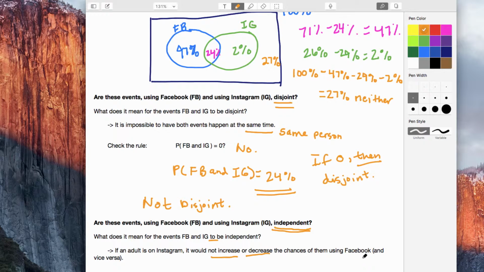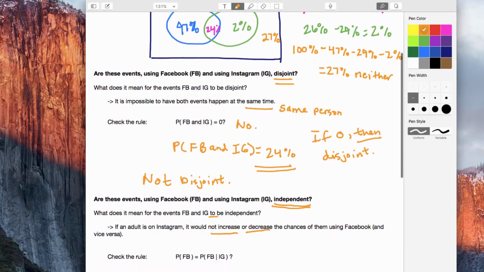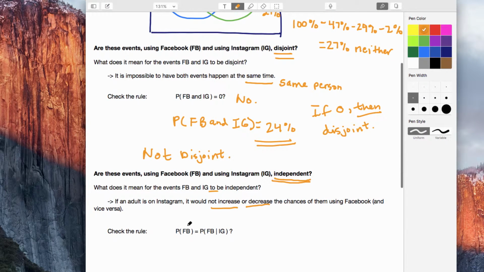So the way we have to check that is very specifically. We need to check this rule. Does the probability of being on Facebook equal the probability of being on Facebook given, remember that little vertical bar means given, that someone's already on Instagram?